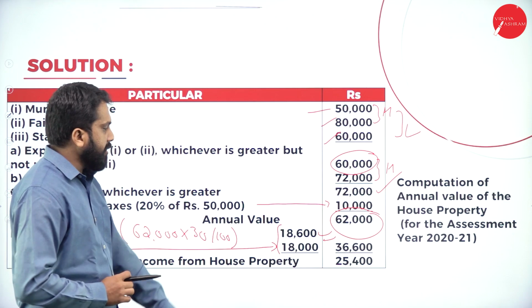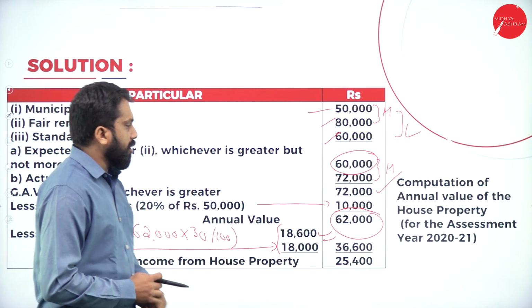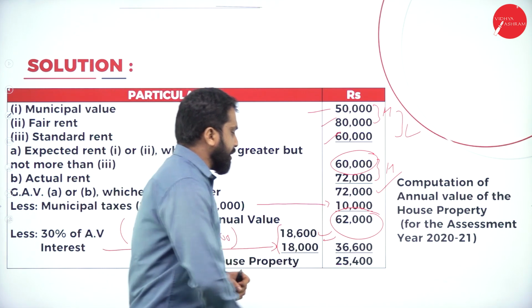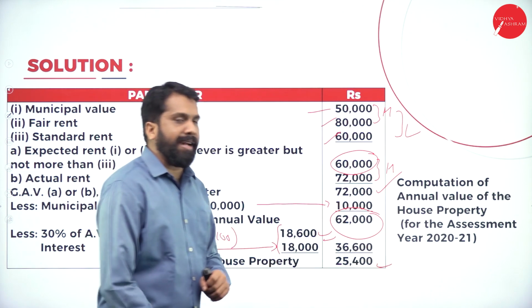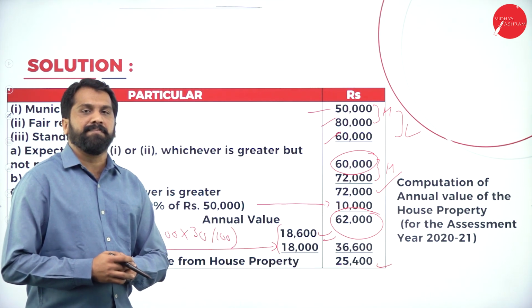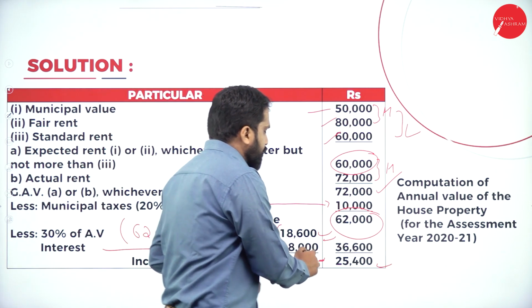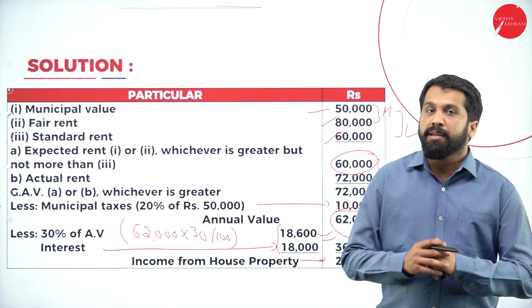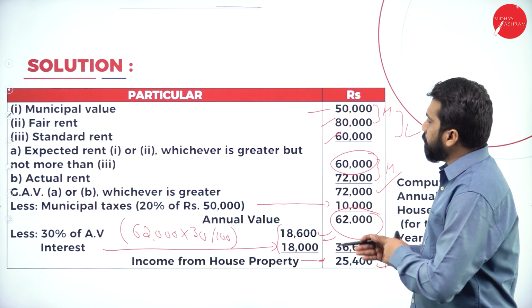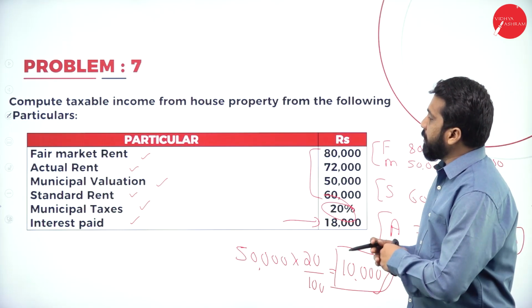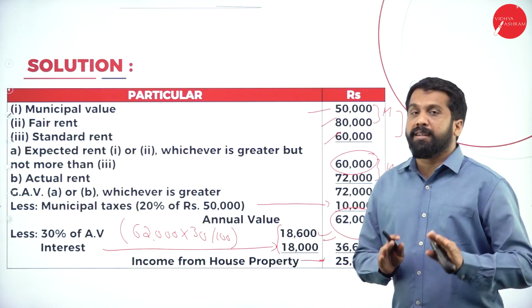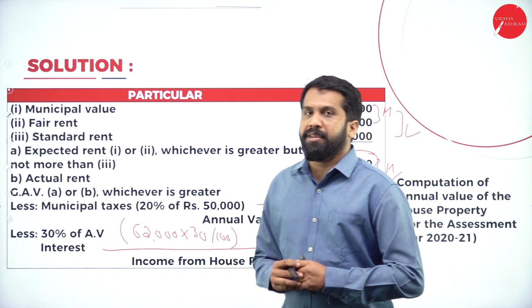No doubt. In this, 36,600 you got. 62,000 minus 36,600, you will get 25,400. So, that is your income from house property. Any doubt? No doubt. Because very simple. The question is also very simple, but this is for 10 marks. So easily you can score 10 marks.